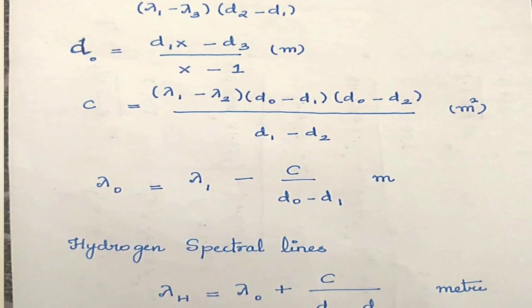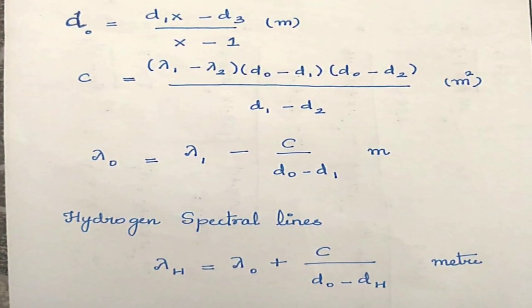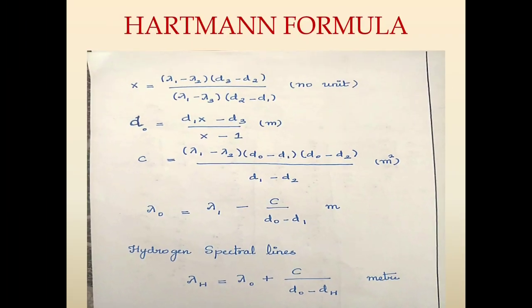So using these constants, lambda naught, c, d0, we can find out the spectral lines of the hydrogen spectrum using the formula lambda h equal to lambda naught plus c divided by d naught minus dh meter. Here we are going to find the H alpha, H beta and H gamma lines of the hydrogen spectrum's wavelength.